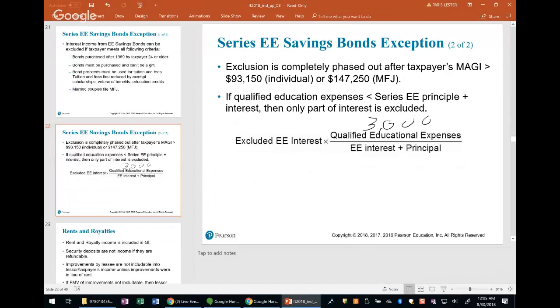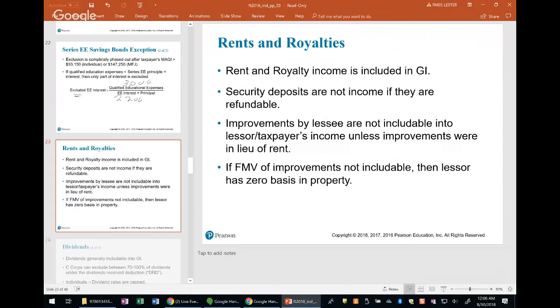Now, let's say you had bonds and interest worth $2,200. All right. That's not a good formula because it already says exclude. That's not a good formula that they're giving you. We may have to look at this in the book.